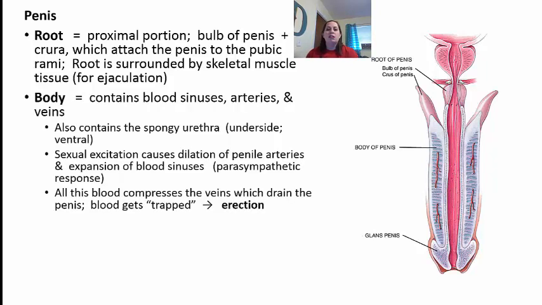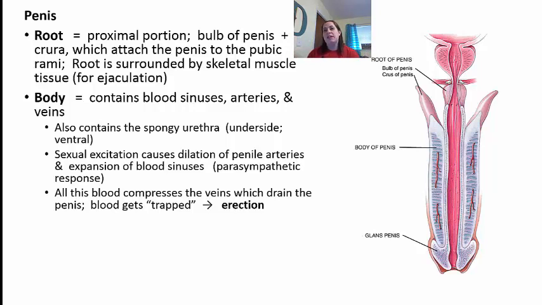We also see that there's the body. The body contains blood sinuses, so there's openings in this area that can collect blood. We also see that there's arteries and veins. This is also called the spongy urethra because of the fact that it has these holes in it. During sexual excitation, it causes dilation of the penile arteries, so they dilate, which then causes fluid to leak out, and expansion of these blood sinuses.